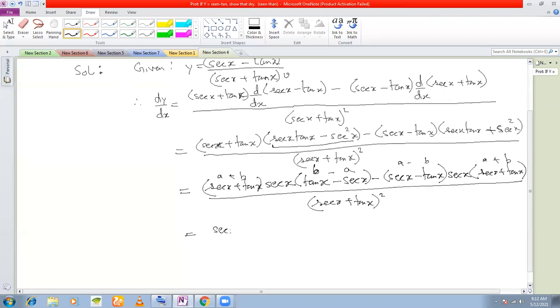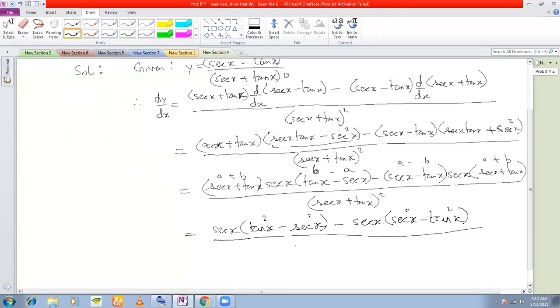So therefore, you have sec x into tan square x minus sec square x, minus, then you have sec x into sec square x minus tan square x, whole divided by sec x plus tan x square.